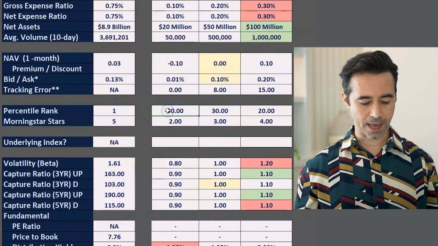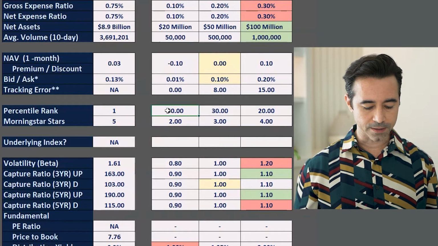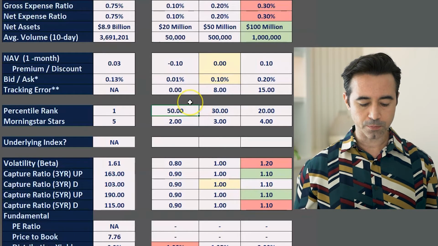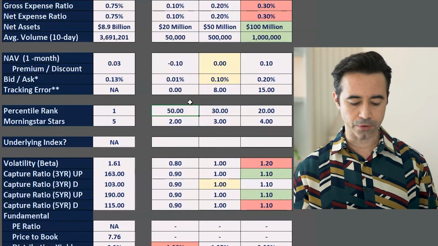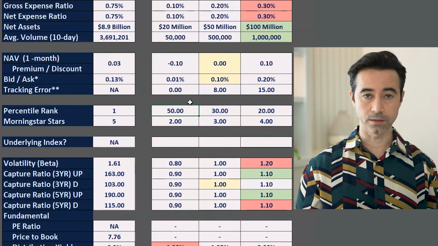For me, having a percentile rank in the 50th percentile is low. I would love to see it at a higher rank, like the 30th percentile, or the 20th is also good. It also depends on what you're looking at. For example, if I'm looking at an asset class or a style of investing that's out of favor, value investing has been out of favor for a while.